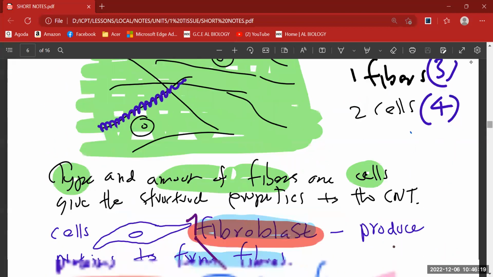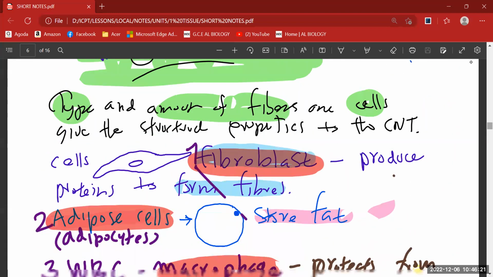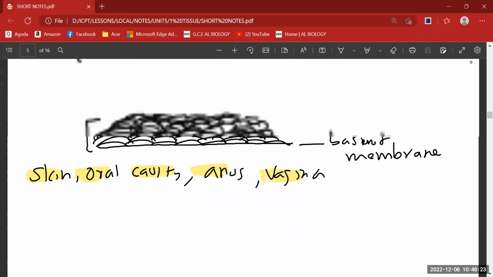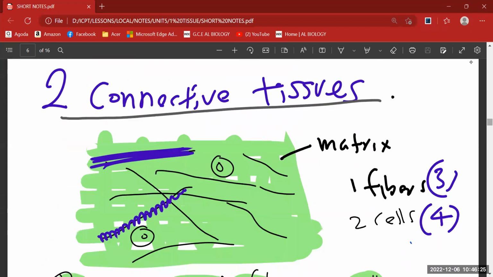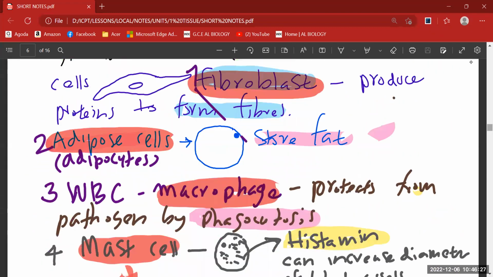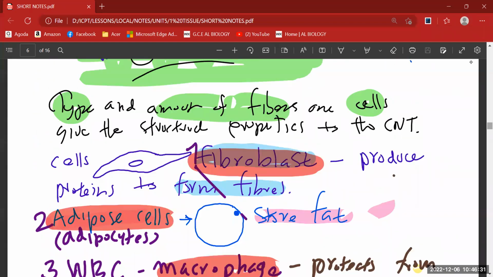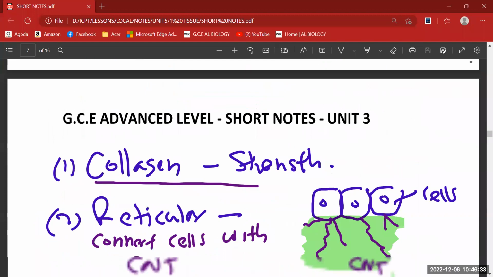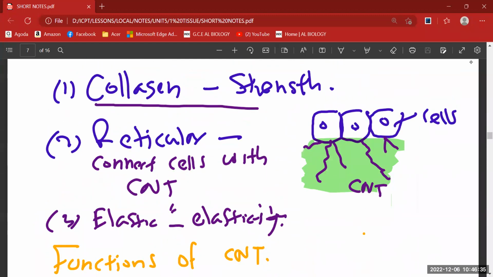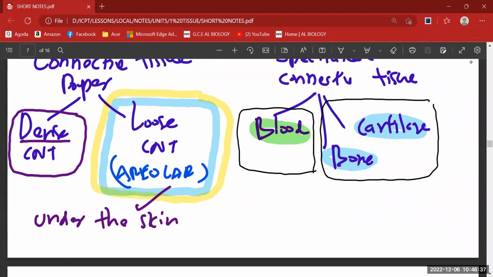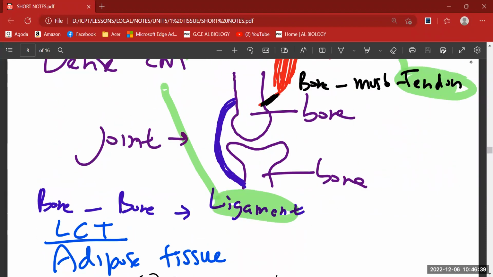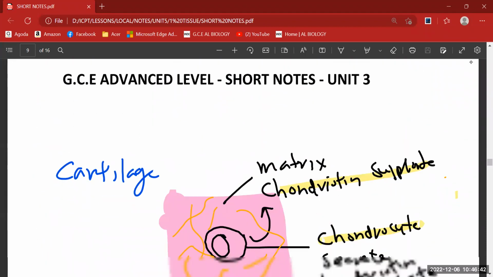So connective tissues are of very different types. So we have learned different connective tissues. For example, blood is a connective tissue, the fat tissue is a connective tissue, and the cartilage is a connective tissue, and the bone is also a connective tissue.